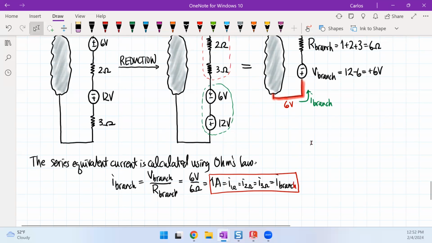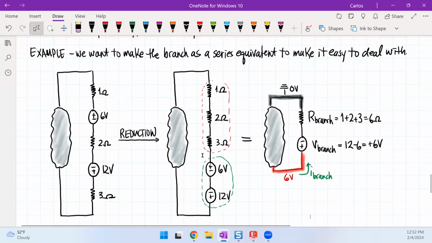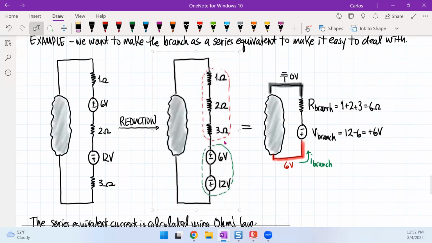Okay. Now, if I had the same circuit that we have over here, we can redraw the circuit. Now, let's say that I want more details about it.